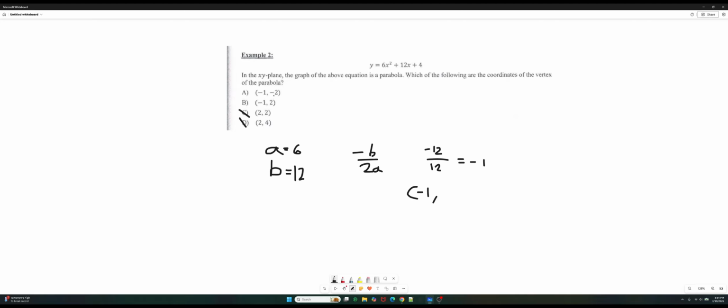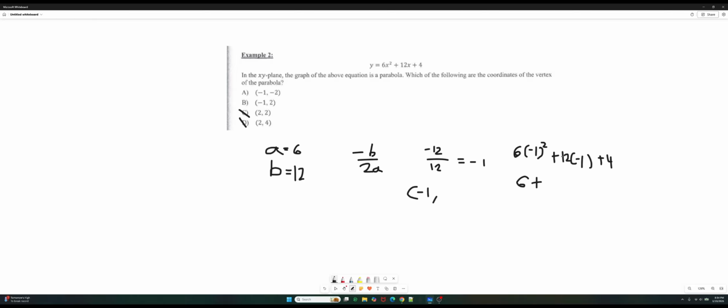But now we don't know what the y coordinate is, right? So we need to plug in the x coordinate back into the function. So 6 times negative 1 squared plus 12 times negative 1 plus 4. So negative 1 squared is 1, so that's just 6.